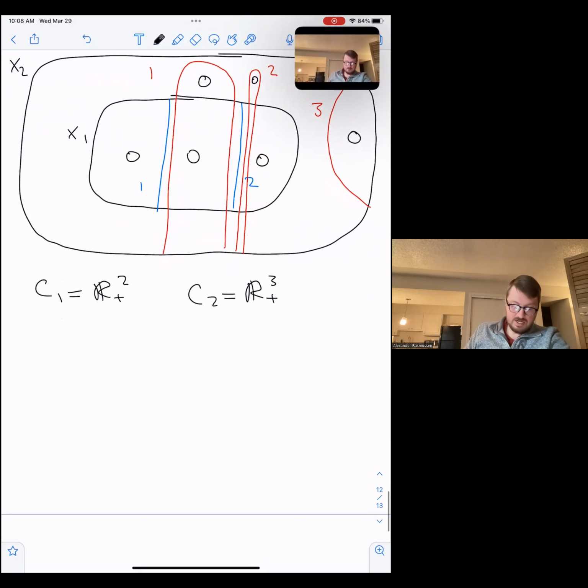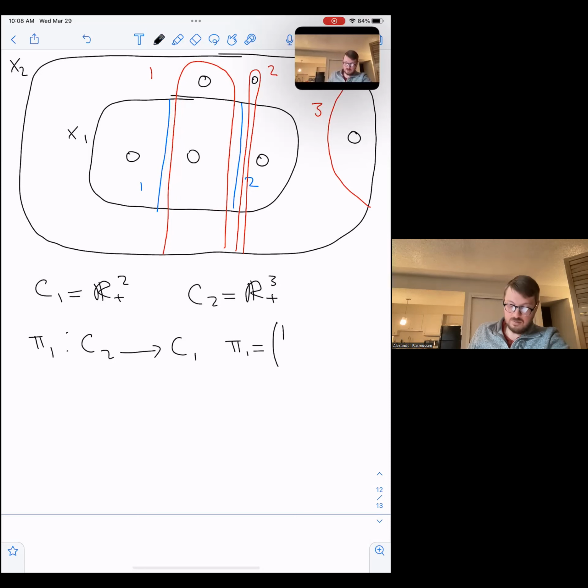And now we want to write down our matrix pi 1 from C2 to C1. And what this is going to do is it's just going to count the number of arcs of intersection of each arc on x2 with x1, which are homotopic to each homotopy class on x1. So in this case, our first red homotopy class runs over the blue homotopy class 1 once and the blue homotopy class 2 once.